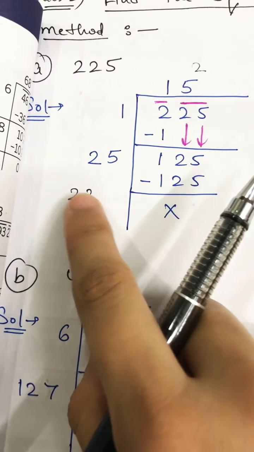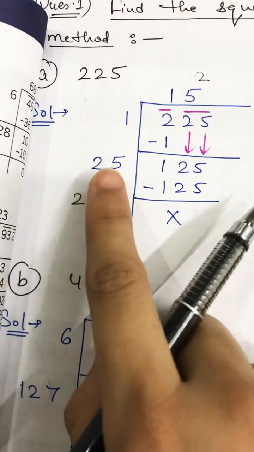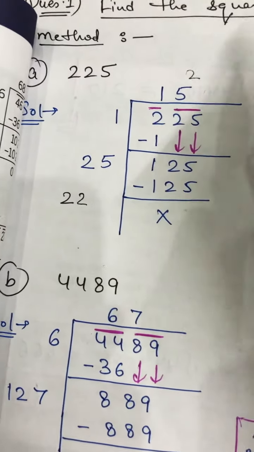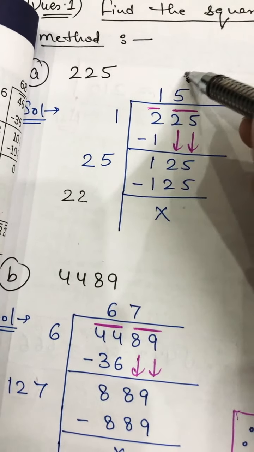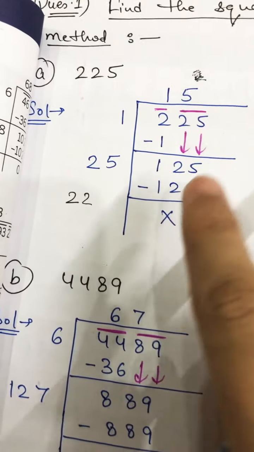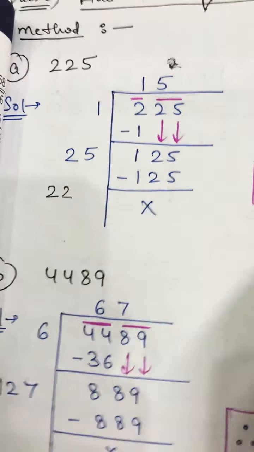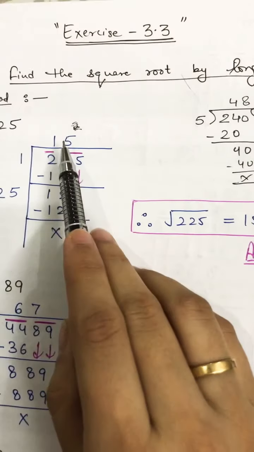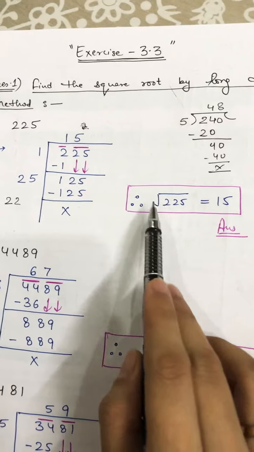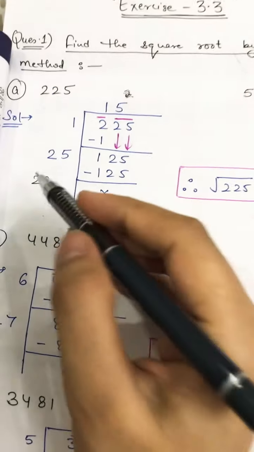Then I will place 3. 23 threes are something else. 24 fours is also less. 25 fives are 125. That's why I have placed 5 here and 5 here. When I multiply 25 and 5, it will be 125. Now 125 minus 125 is equal to 0. So your answer is 15. So the square root of 225 is 15. Are you getting it? Okay.